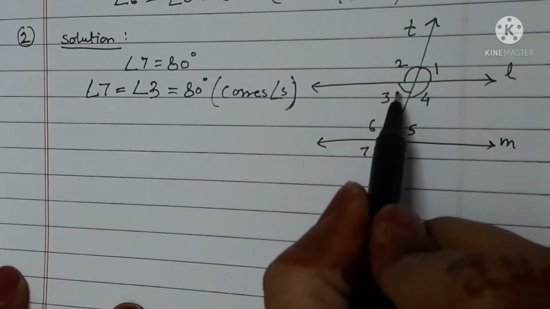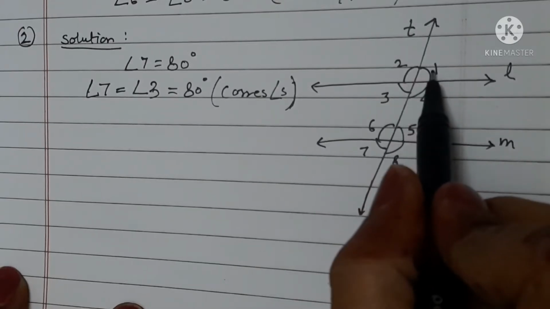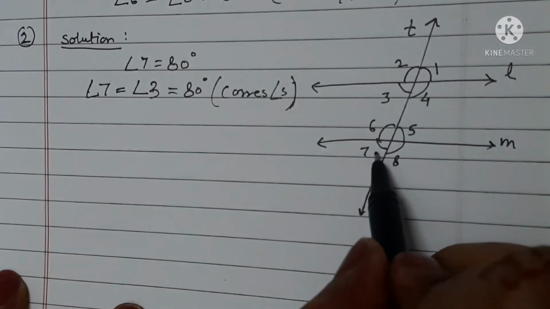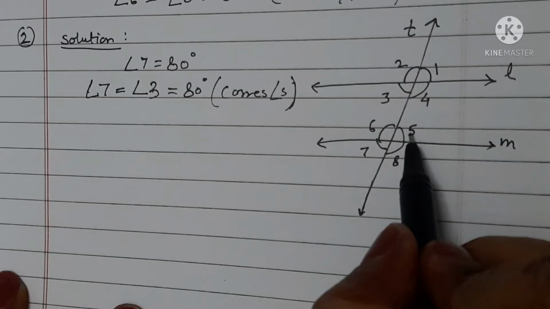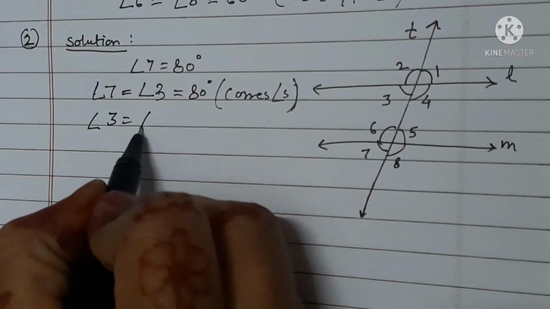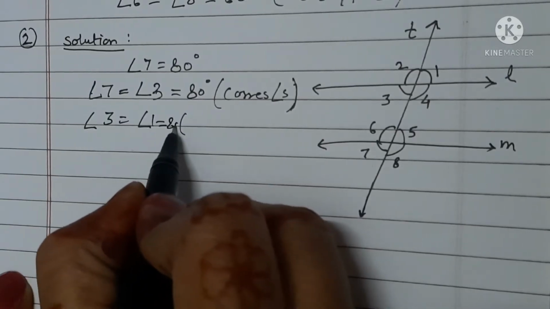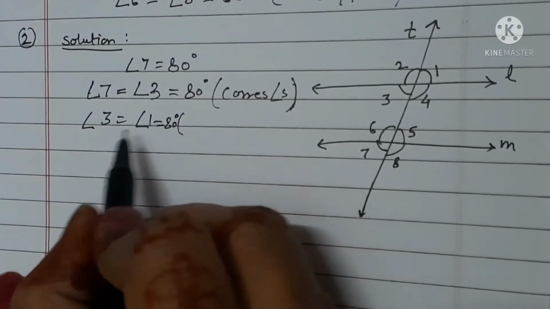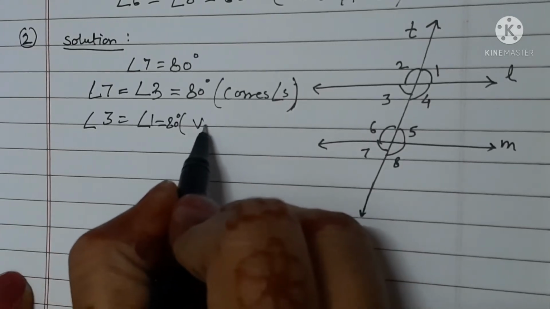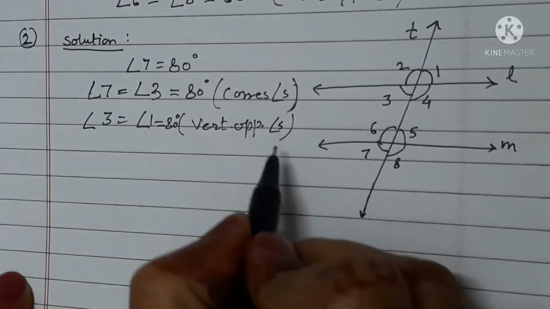Now you get these two angles, and angle 3 is equal to angle 1 and angle 7 is equal to angle 5, vertically opposite angles. So write here angle 3 is equal to angle 1 and give the reason. This is 80 degrees, vertically opposite angles.